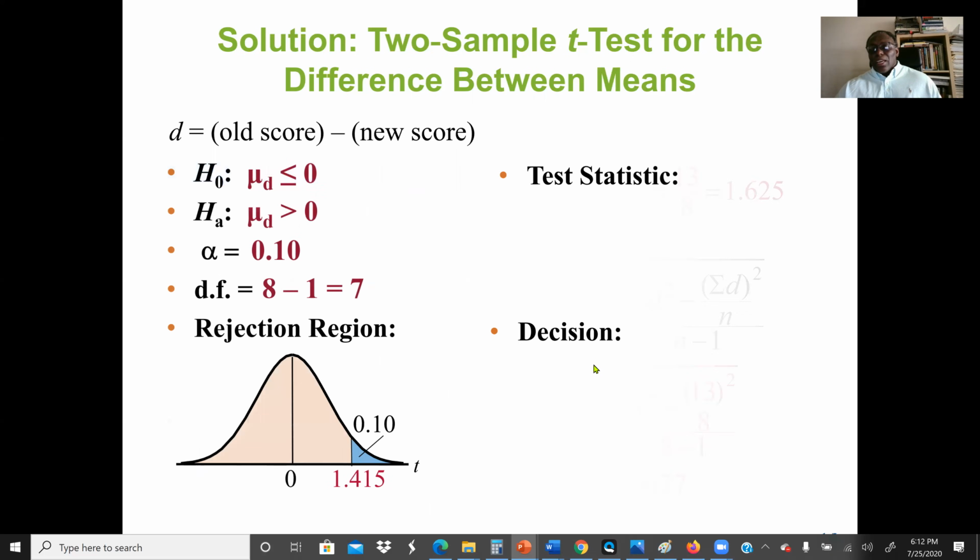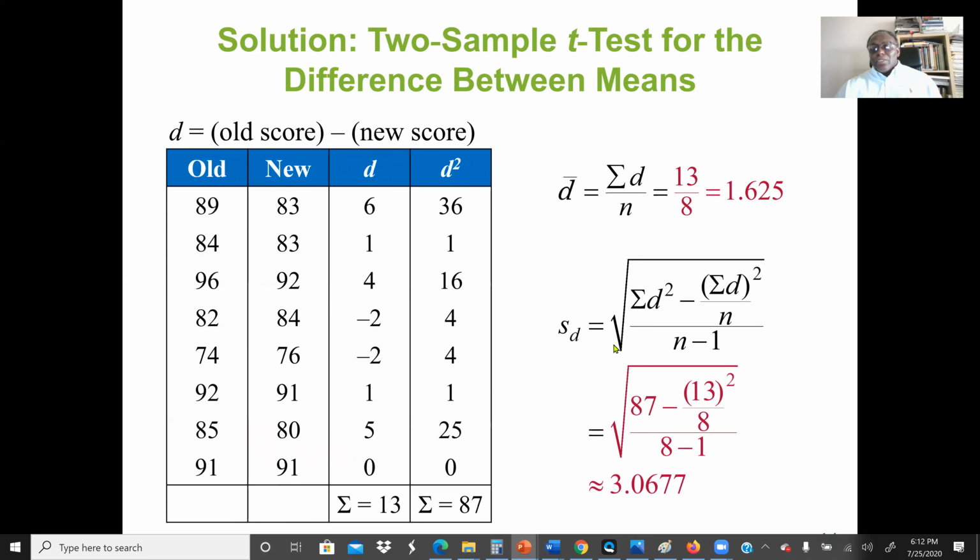Now we need a standard deviation. So the standard deviation is the square root of the sum of d square minus the sum of d, all squared, over n, over n minus 1. The sum of d square means we square all the d, then we sum it. That's what we did. But the square of the sum means we sum everything, then we square it.